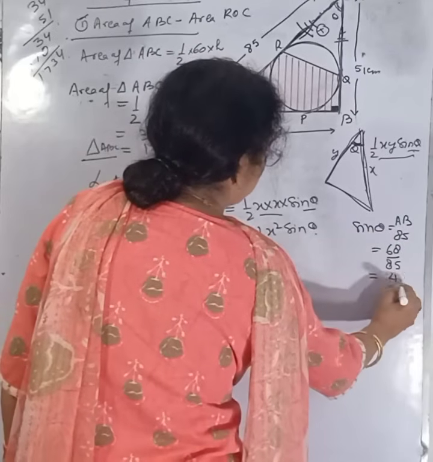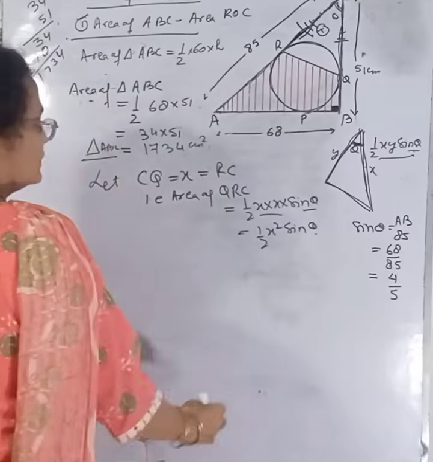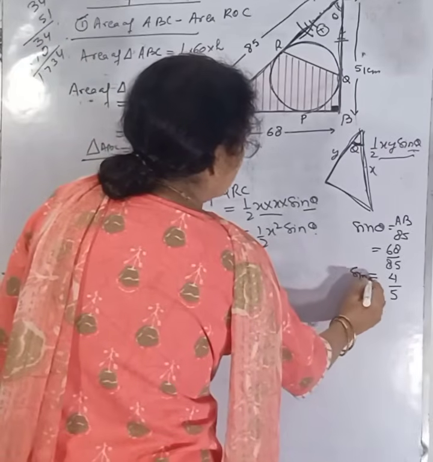It means 4 upon 5. Sine of theta is equal to 4 upon 5.